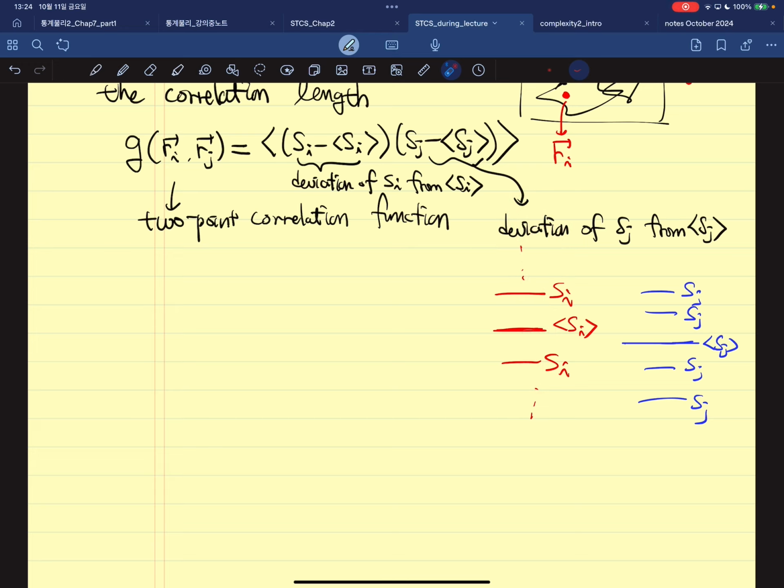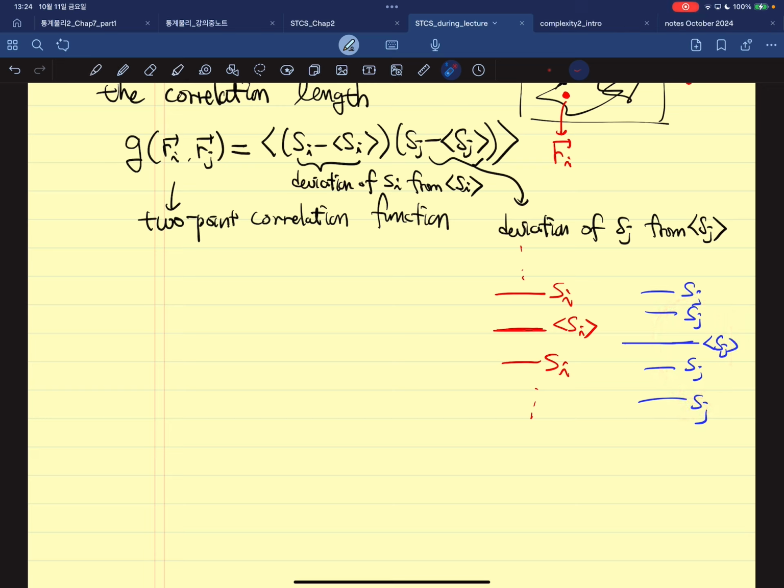Now suppose these two variables, Si and Sj, are completely uncorrelated. Then the fact that Si is above here or below here does not affect the direction of this deviation here at all.